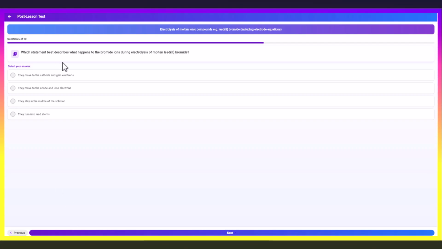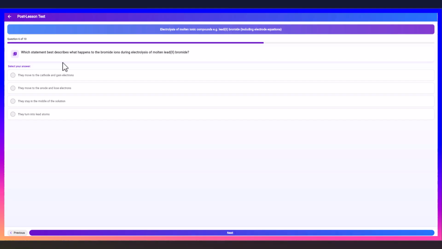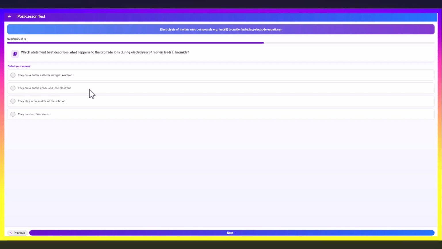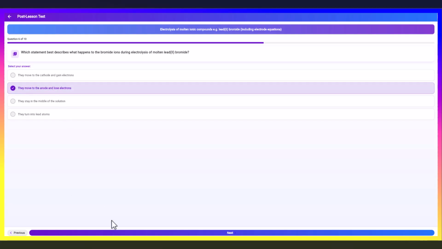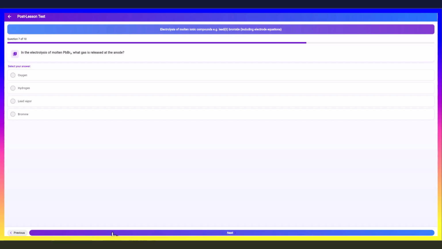Which statement best describes what happens to the bromide ions during electrolysis? They move to the anode and lose electrons. They don't stay in the middle, they don't turn into lead, they're losing electrons. So everything's trying to get to 0 basically, either by losing electrons or by gaining them. In the electrolysis of molten PbBr2, which gas is released at the anode?